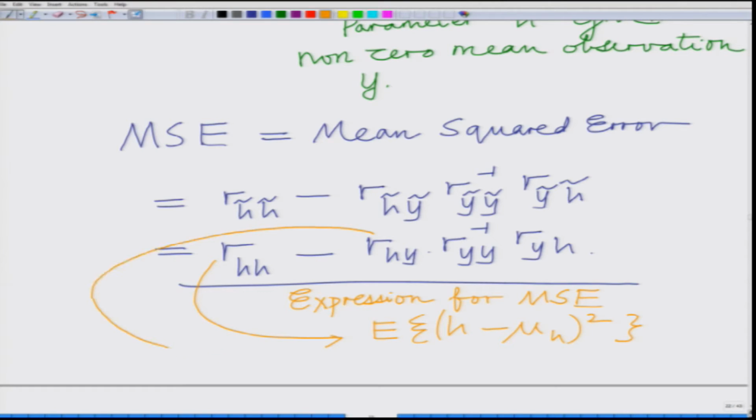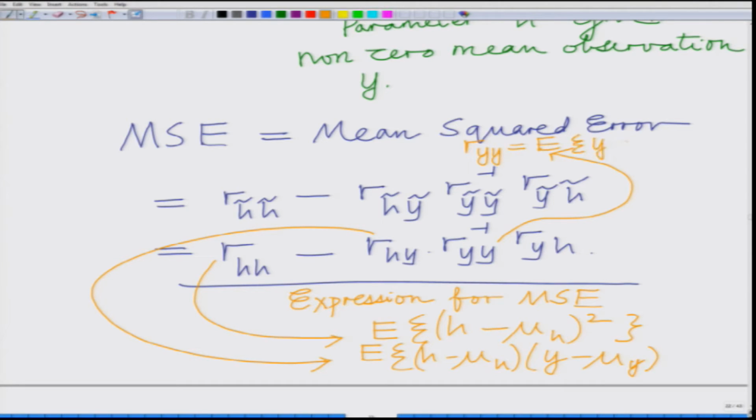R h y is the covariance, that is expected value of h minus mu h into y minus mu y, and similarly r y y equals expected value of y minus mu y whole square. Just remember this change in definitions for the non-zero mean scenario.